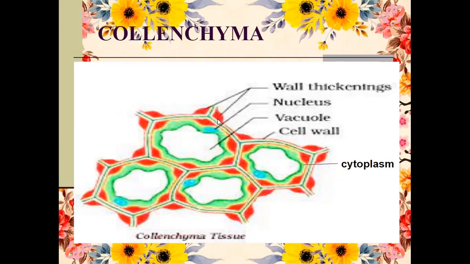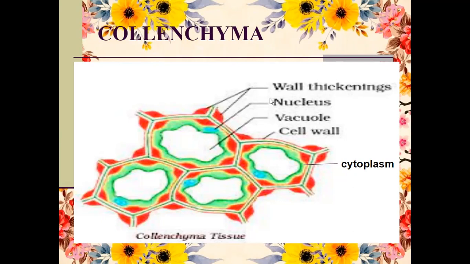The thickening is mainly done with the deposition of pectin and lignin, including cellulose and hemicellulose. A high amount of cell wall chemicals is deposited at the corners of the collenchyma tissues.